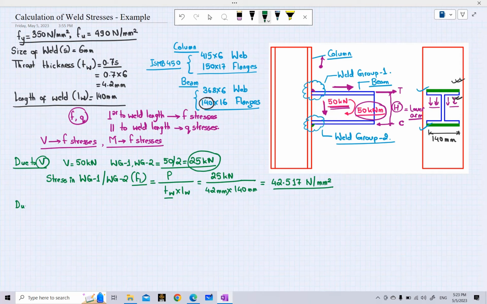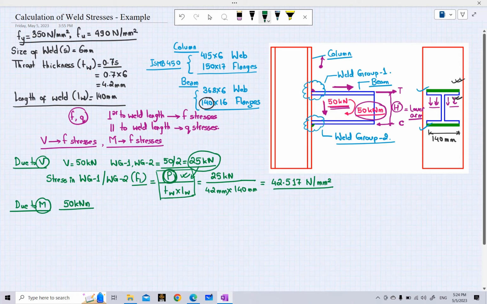Now let us go to calculating the stresses due to moment. So you can see that this is the formula to calculate the stresses, and to calculate the stresses we have to calculate the force. So what will be this force due to moment? In case of shear we can directly use this force value, but due to moment we do not have the force value, rather we have the 50 kilonewton meter moment only.